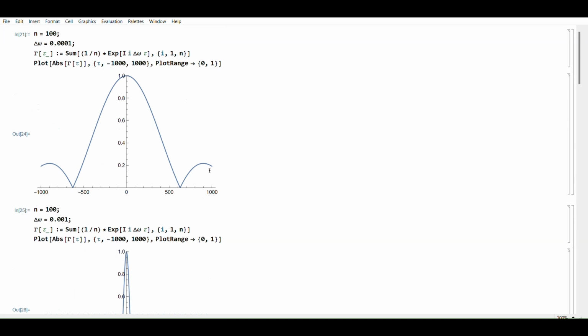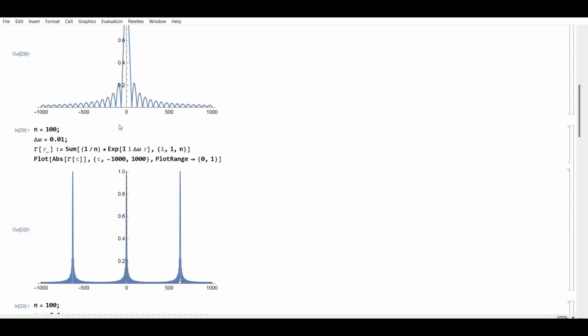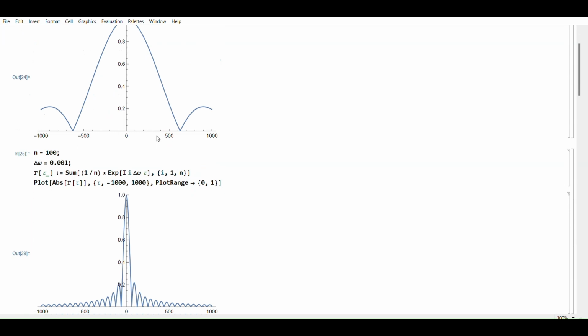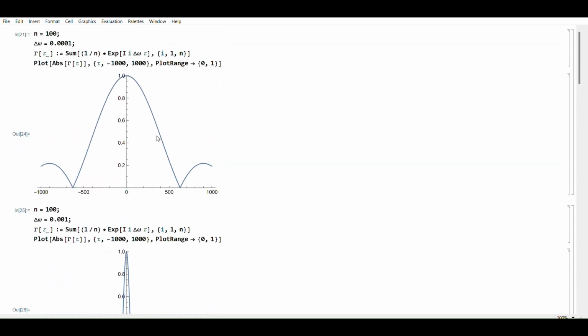Okay, so let's start from the beginning. So n is constant, which is 100. And in all these 4 plots, what is changing is delta omega. And how is it changing? So we are starting with a very small delta omega, and we are slowly increasing the value of delta omega. And we can clearly see that as we are increasing the value of delta omega, the width of this gamma plot decreases.